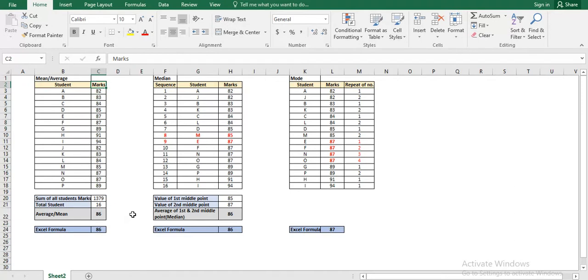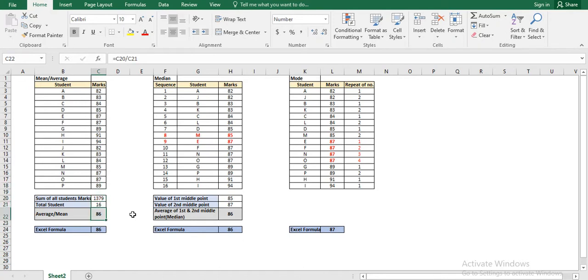We have three different kinds of measurement of central tendency, that is mean, median and mode. Mean is very simple. Mean is the average of the data set. To calculate mean, we sum all the values in the data set, like I did here, then divide it by the total count.